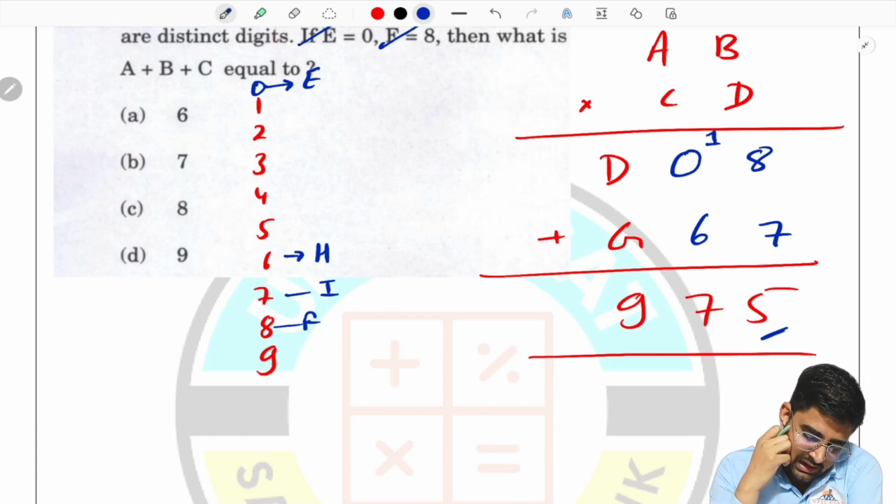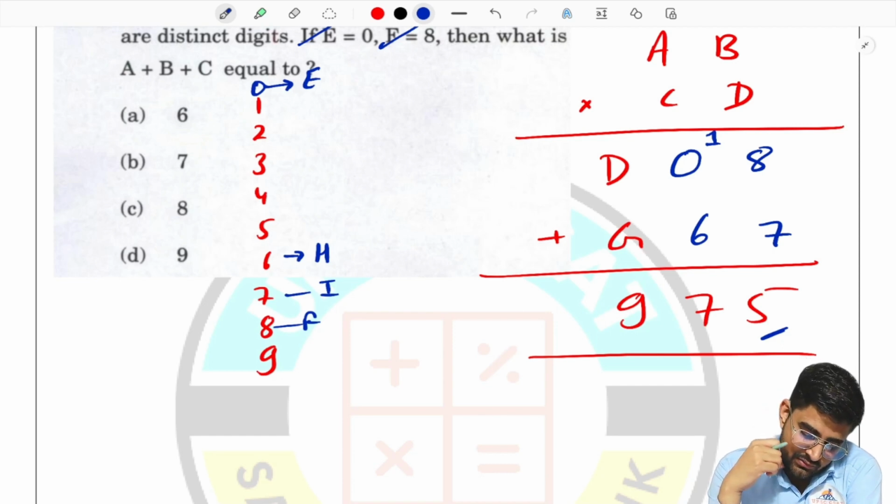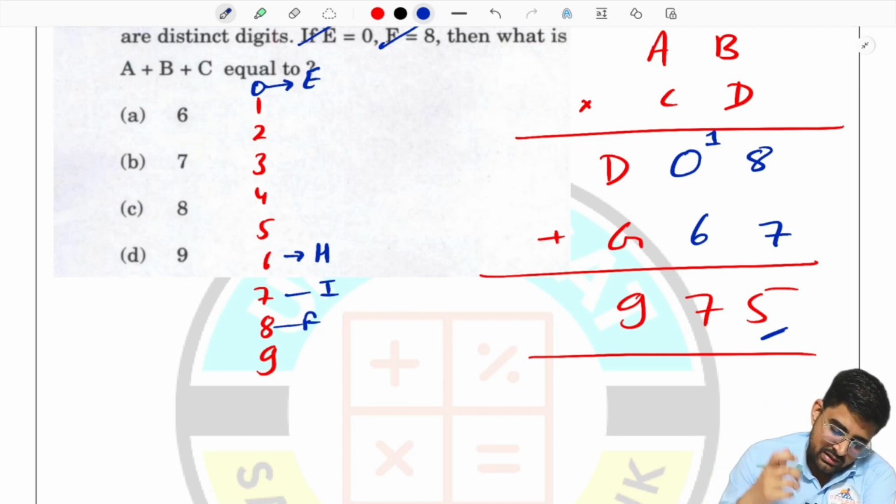Now D and G consist of 9, and how many digits will we take to make them 9? 8 is occupied, 7 is occupied, 6 is occupied, 5 plus 4 is 9, or is any other combination possible?